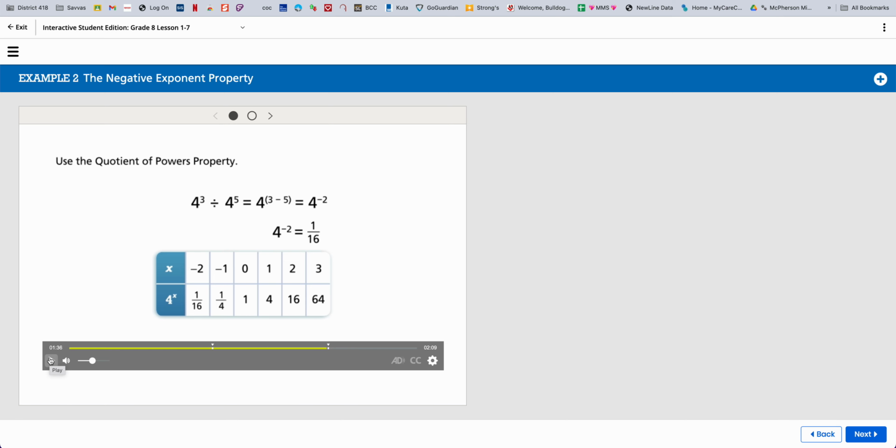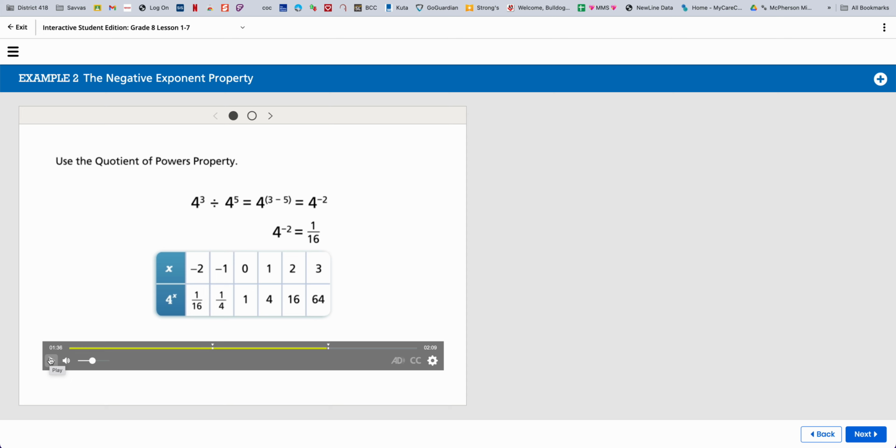Okay? And it kind of goes back to, remember Markela in the last video and the table that we had of her stuff? So she got down to 3 to the 0 power, and if we divided by 3 again in her video, it would have been 1/3, and then divide by 3 again, that would be 1/9, right?